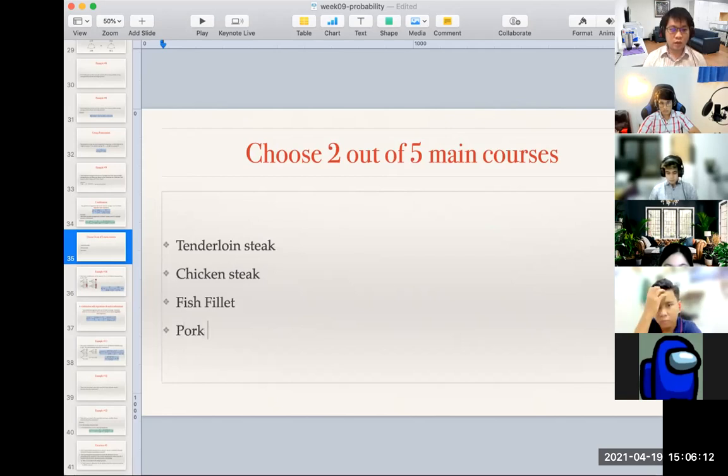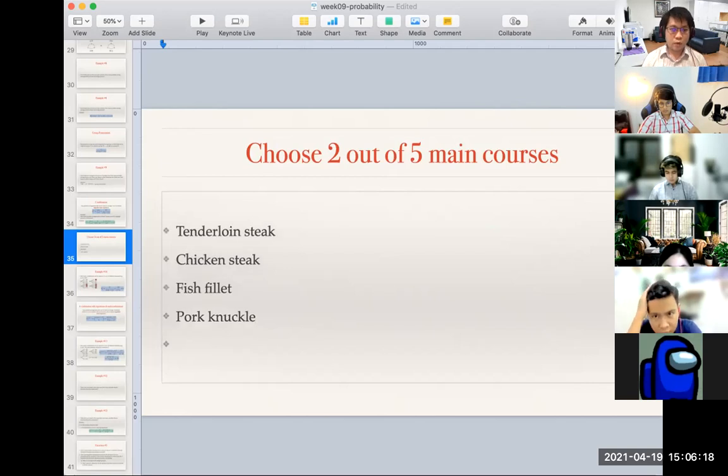For example, pork knuckle, and then we have Cantonese roasted duck. Let's say a restaurant has 5 options of a main course.